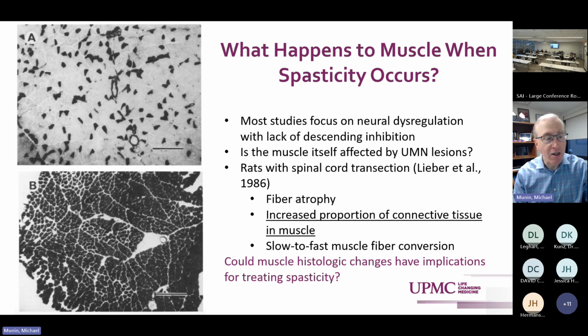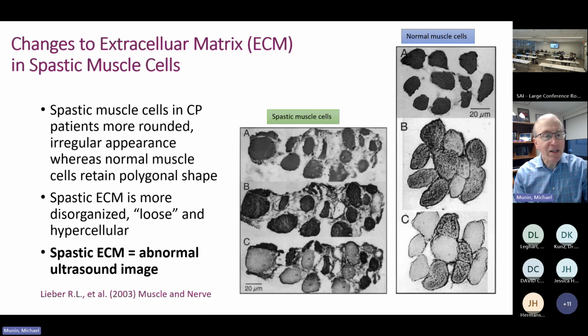You're seeing that here in the left panel B, the fiber type grouping. So the question is, could muscle histological changes have implications for treating spasticity? This is especially relevant with the extracellular matrix, and again, this is more of Lieber's work. He's done a lot of great seminal papers. We know that in normal muscle, the far right vertical panels, you see the normal polygonal shape of the muscle fibers that are tightly bounded.